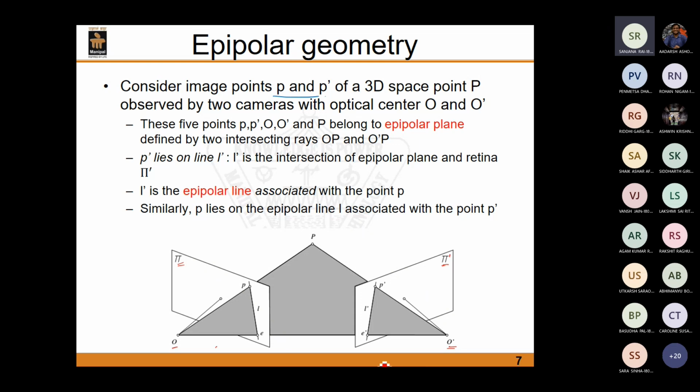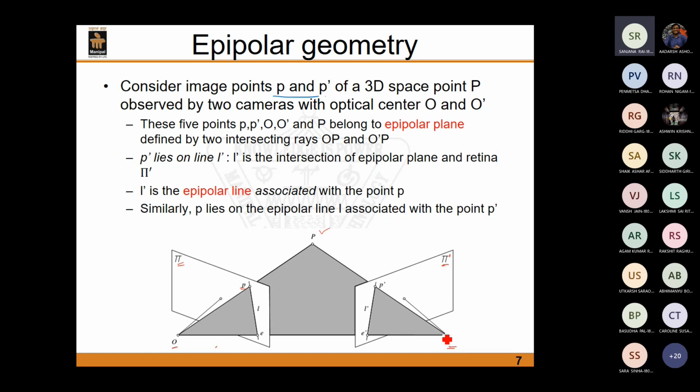Now here, as I said, we are considering only one single point in the 3D world, right? If this camera is trying to take an image of this particular point P, the corresponding point in the image plane can be represented by small p.